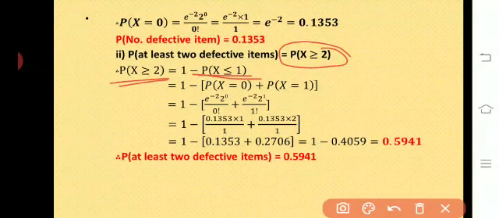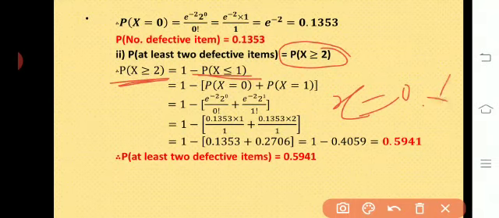So probability of x greater than or equal to 2 is equal to 1 minus probability of x less than or equal to 1. Why? Because we want probability from 2, 3, 4, 5. So total probability is 1, minus the probability of the remaining, which we are not going to consider here. What we are not going to consider here is x equal to 0 and 1, so that we have to subtract. So 1 minus probability of x less than or equal to 1.